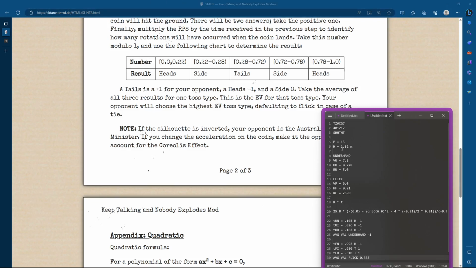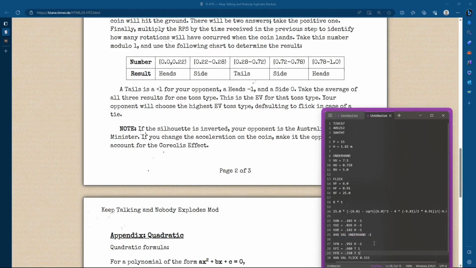Now we have the effective values. These averages are the effective values for each toss type. The opponent will choose the highest effective value for toss type, which means whatever has the biggest number in the average, which is usually related to the most tails. But sometimes like side will beat tails, heads. But 0.333 is higher than -1.